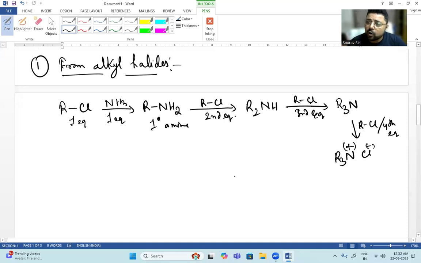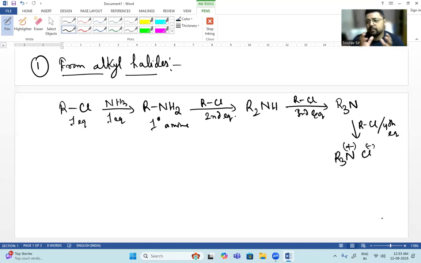This is known as Hofmann's ammonolysis method. So we have to be very sure about the equivalent of alkyl chloride in the reaction. So this type of reaction is mainly done in a reverse phase. That is, you first take ammonia and to that you add a single equivalent of RCl so that the reaction never gets the time to exceed.